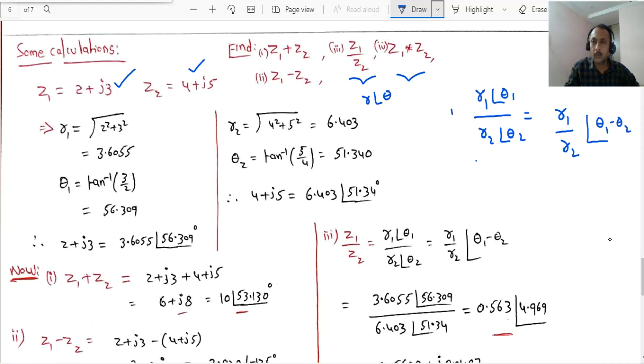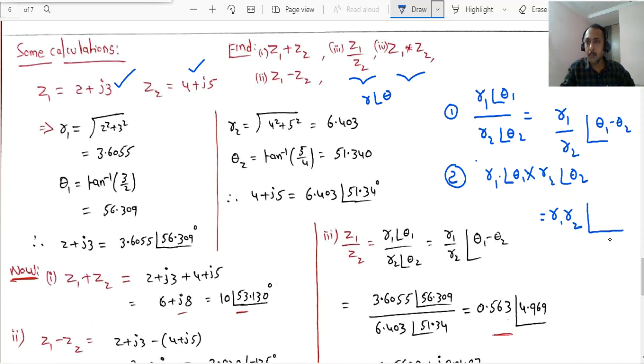This is one important basic. Similarly, if it is multiplication, R1 at an angle theta 1 multiplied with R2 at an angle theta 2, what will be the answer? The magnitude will be R1 R2, but the common mistake, don't multiply the angles.